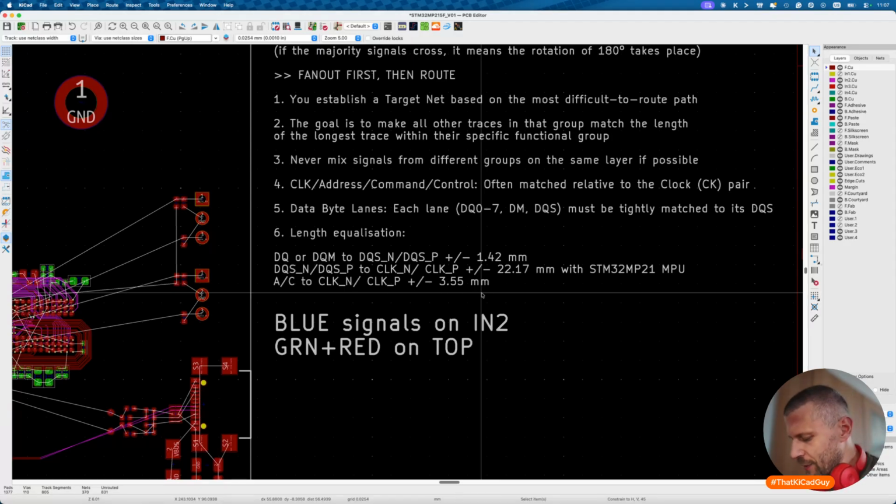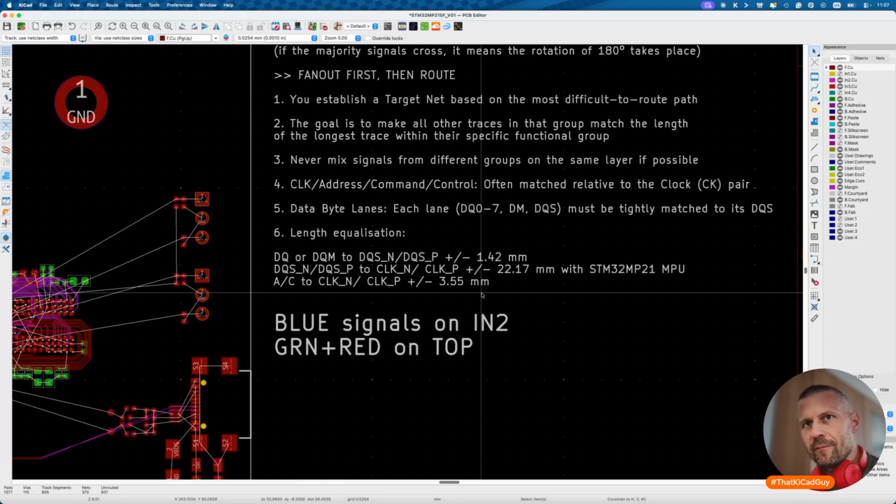So it means that group 1 can be, let me say, 30 millimeter, as an example, and if the clock is 52, as an example, the other data signals, DQ group 2, can be easily 74.